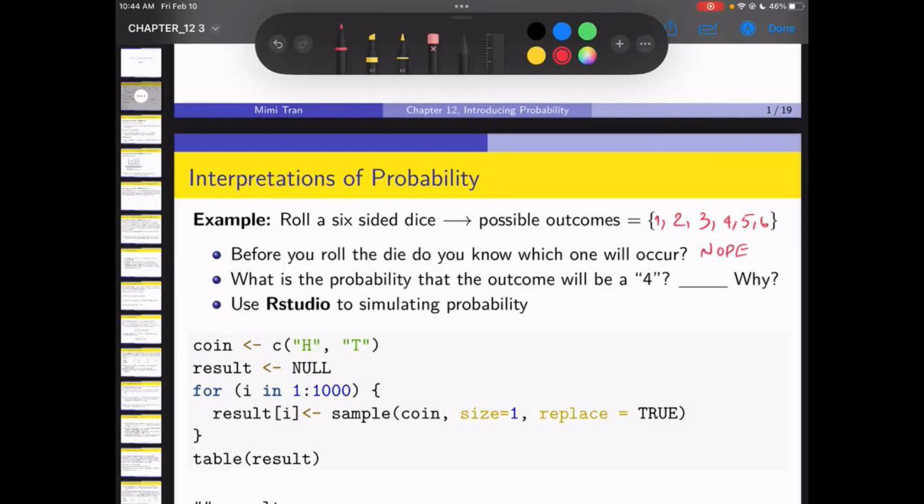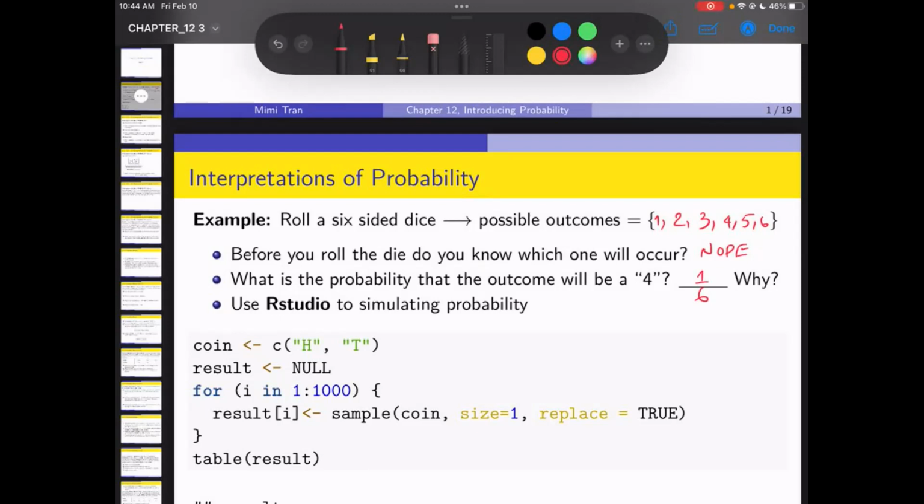What is the probability that the outcome will be a 4? 1 out of 6. And why? Does it mean you roll the dice 6 times, and one of the times has to be a 4? No, right? It means this is long-term rather than short-term.